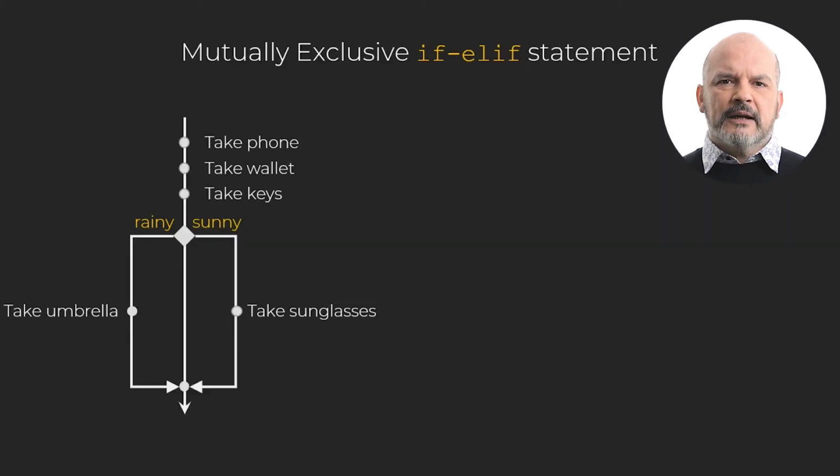In our previous model, it might have been possible to take both, but in the model shown on the left, taking an umbrella and taking sunglasses are mutually exclusive, meaning you cannot take both. At most, one of the two statements in the branches will be executed. In some cases, none of them are executed, for example, if the weather is equal to foggy.